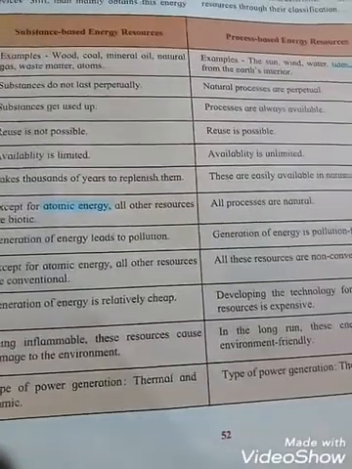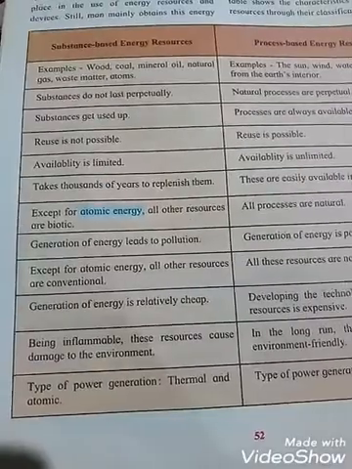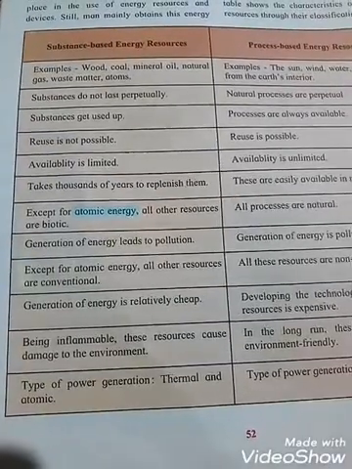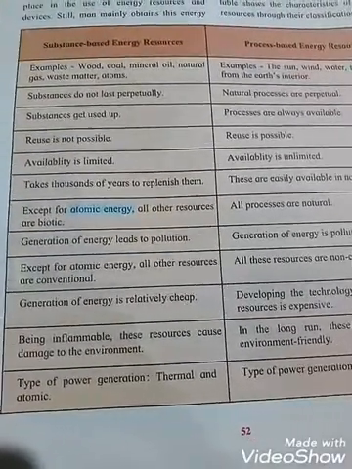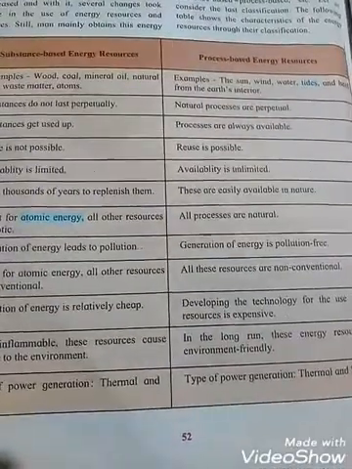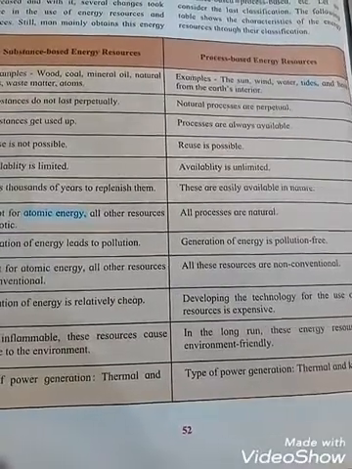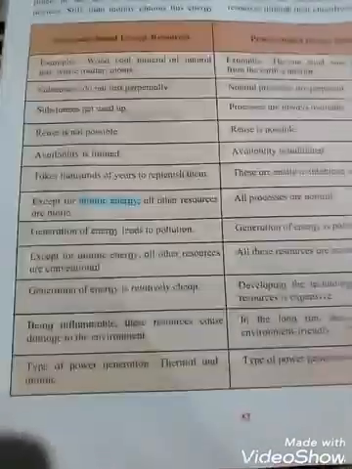Availability is limited in substance-based, and in process-based, availability is unlimited. It takes thousands of years to replenish them. How many years, student? Thousands of years. And process-based energy resources are easily available in nature.